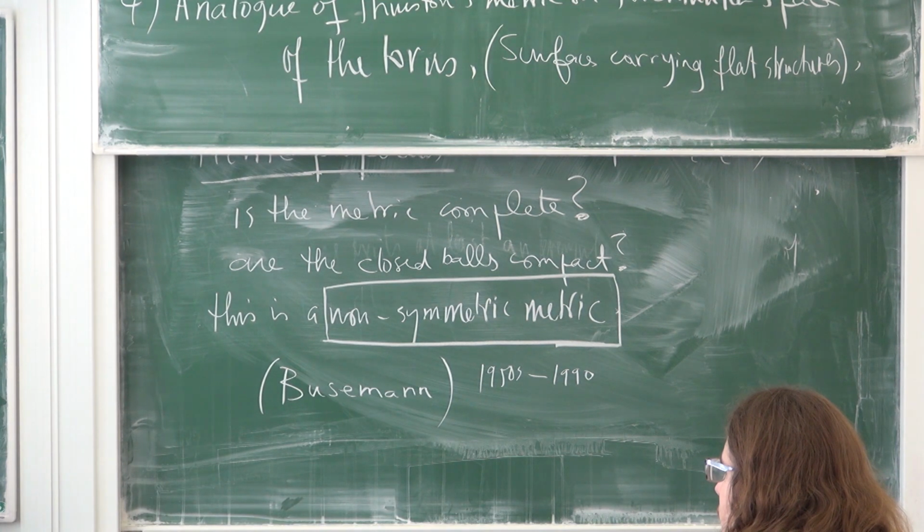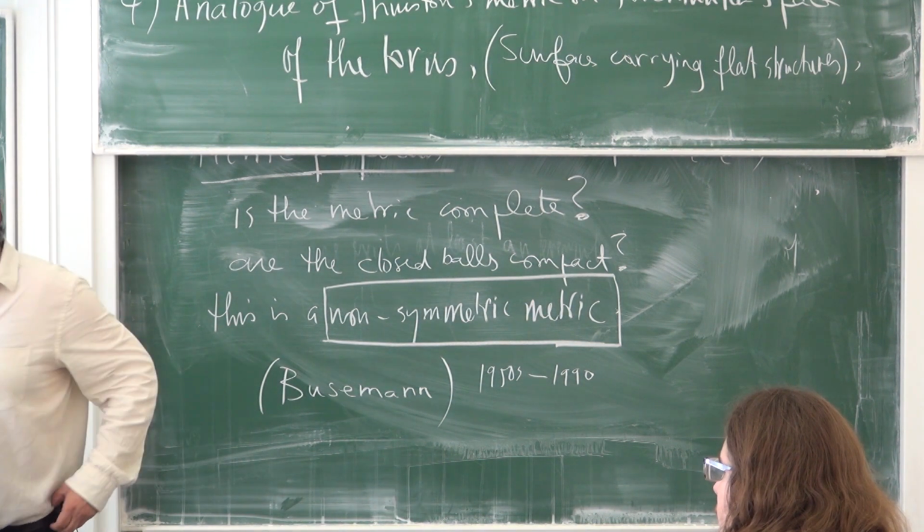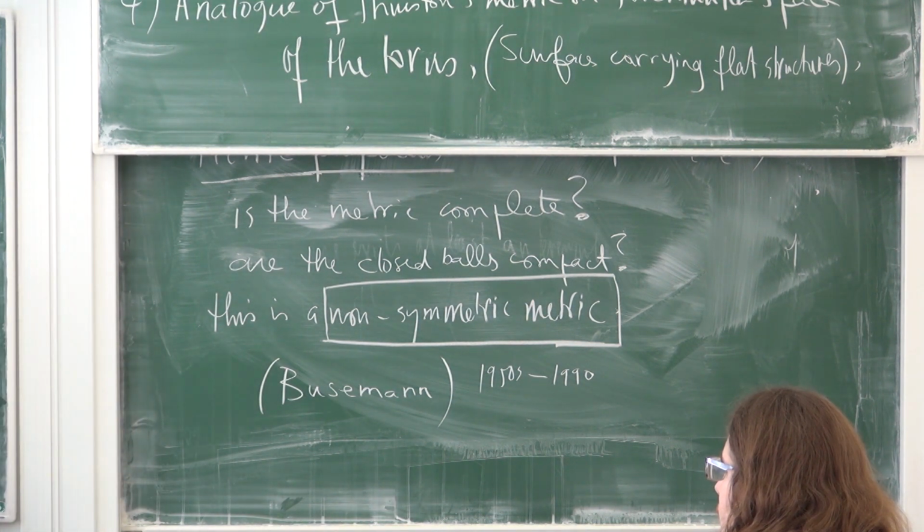Here, if you take the right balls and you try to do things, you will not be able to prove that they give you a topology. There are some complications, and so you cannot just reason with these balls.